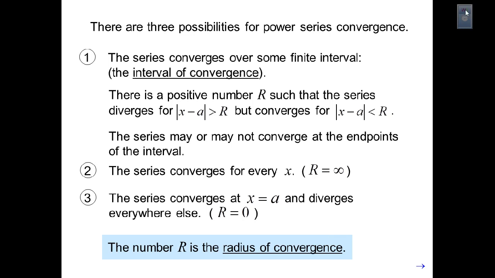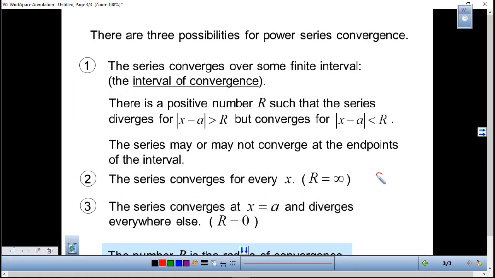So what that means is if I had an interval that I knew this thing converged on from, let's say, -2 to 5. Let's go ahead and make it really difficult here. How many places do I have from -2 to 5? Well, there's 7. So that means the radius of convergence would be half that, which is 7/2.